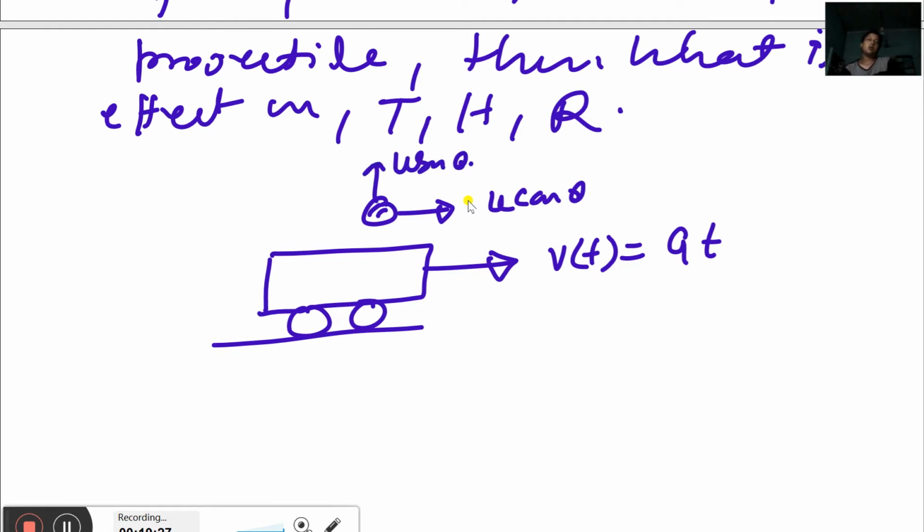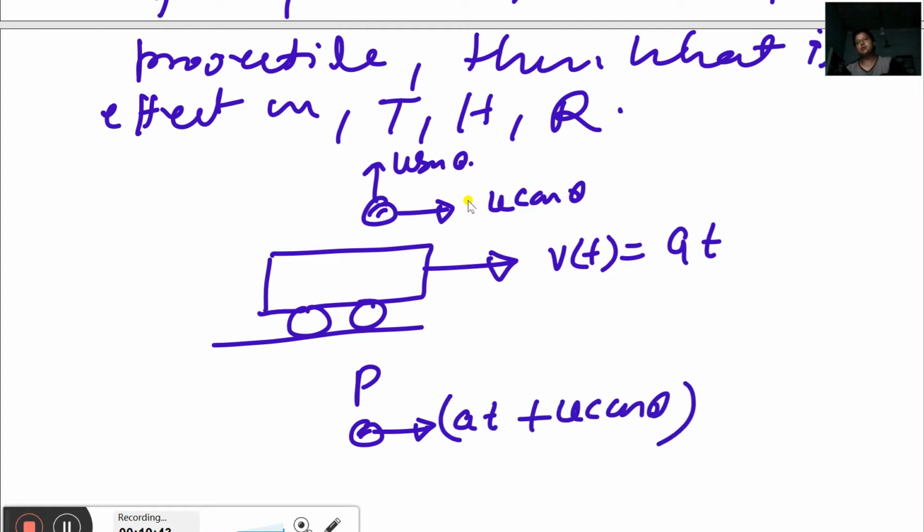Therefore, the initial horizontal component of speed of projectile is at plus u cos theta, and vertical component is u sin theta.